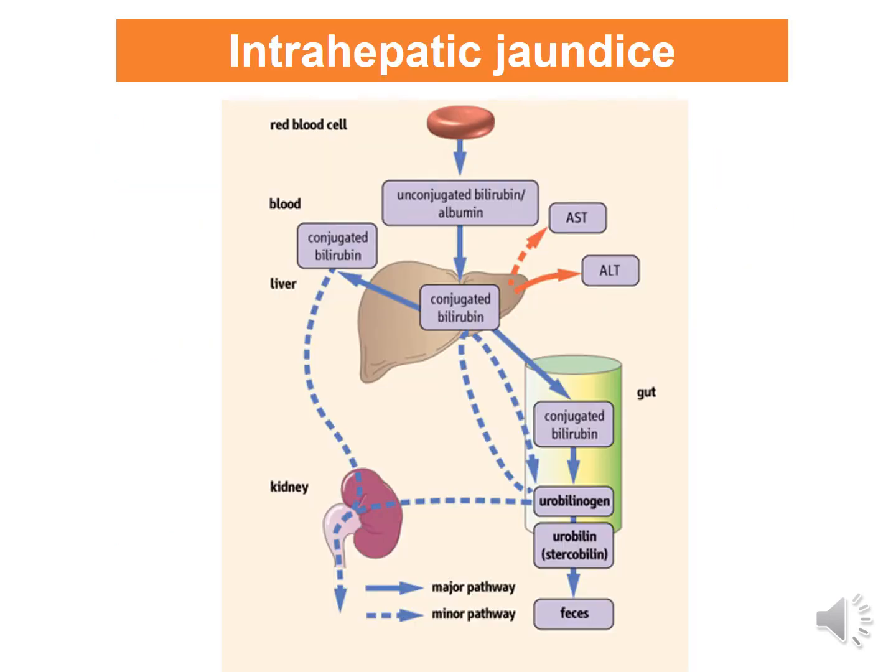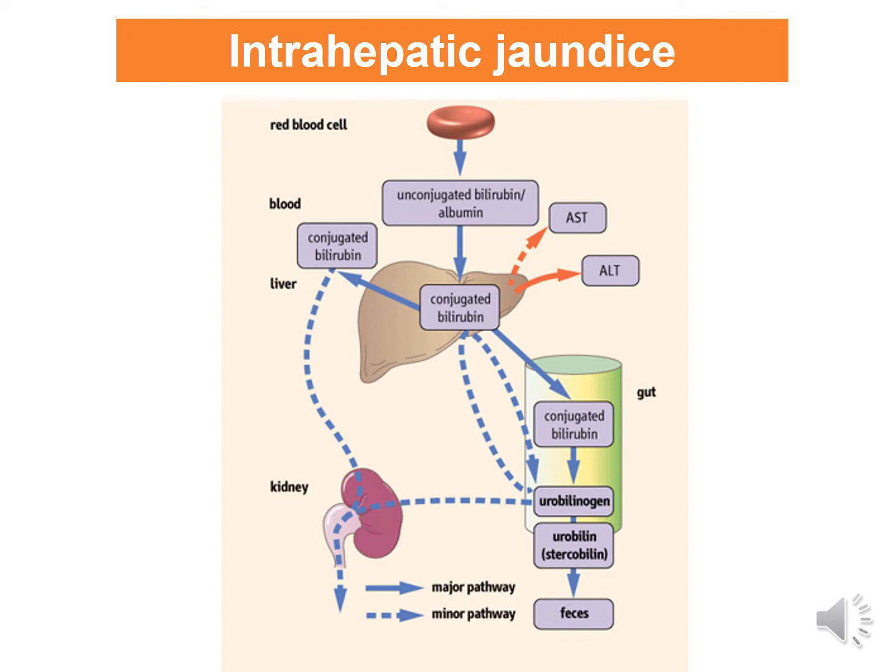The next is intrahepatic jaundice. Damage to liver cells, for example in patients with cirrhosis or hepatitis, can cause unconjugated hyperbilirubinemia as a result of decreased conjugation.